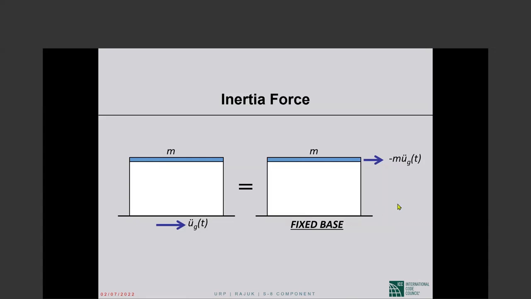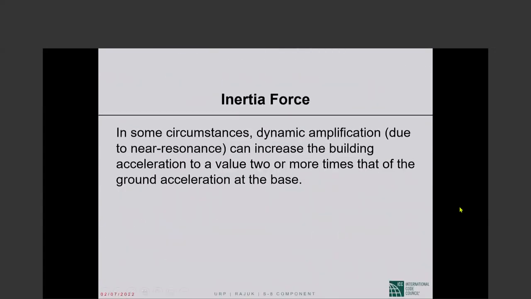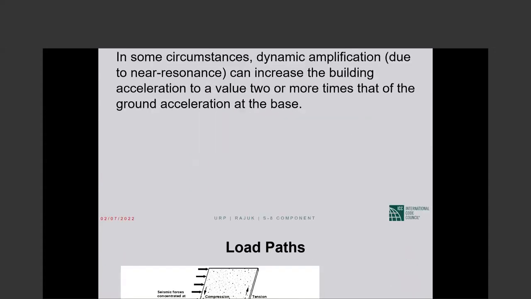There is amplification of the ground acceleration as we go up a building, typically. And this is what we are saying on the next slide. In some circumstances, dynamic amplification due to near resonance, a concept we discussed at length the last time, can increase the building acceleration to a value 2 or more times that of the ground acceleration at the base.